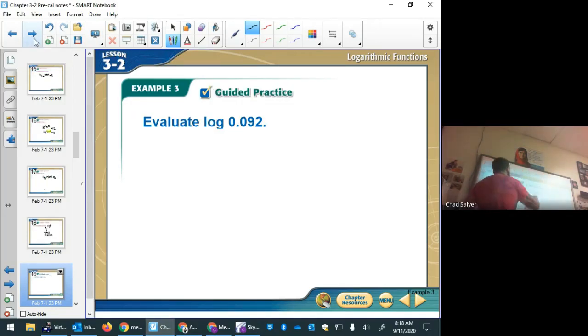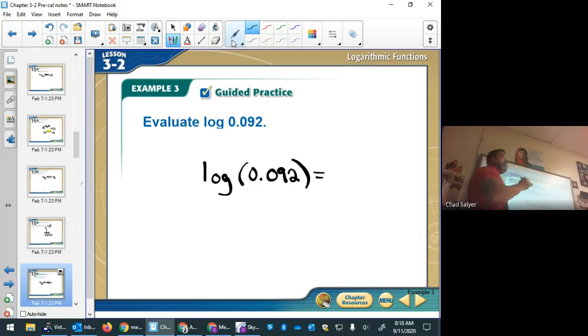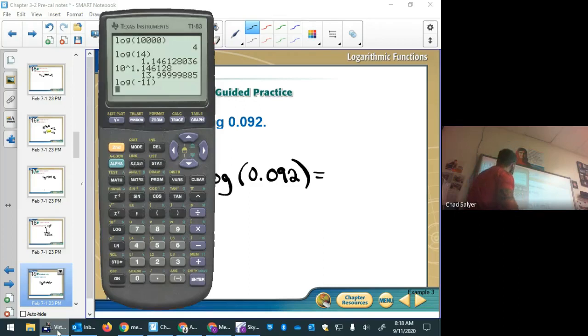Okay, so log of 0.092. So the output of a logarithm may be negative. That's perfectly fine. And in this case, we're going to find that it is negative.